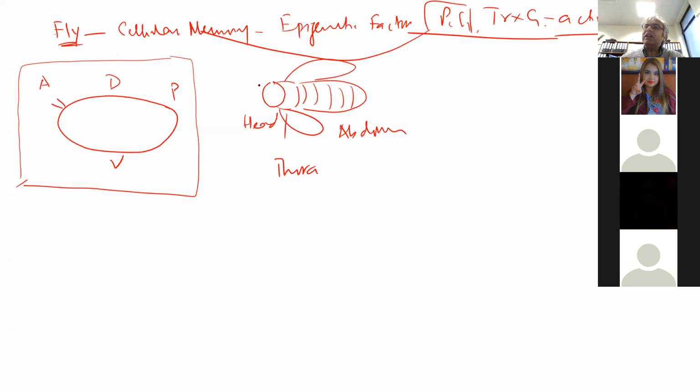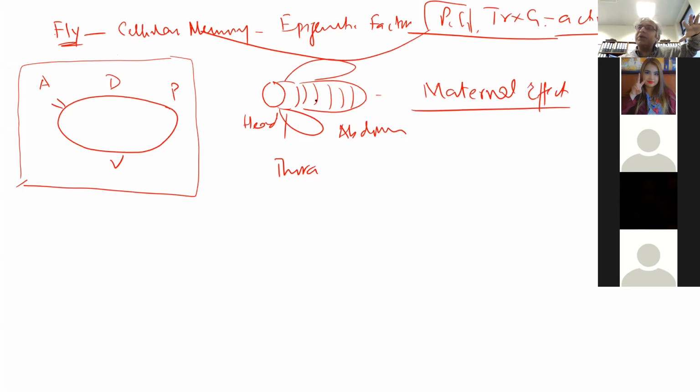And in the next 10 years, they learned that they had hit the jackpot, which was anticipated. What they discovered was that there were certain genes, certain mutants, which showed a mutant phenotype only when the mutation was in the mothers. We call them maternal effect genes.